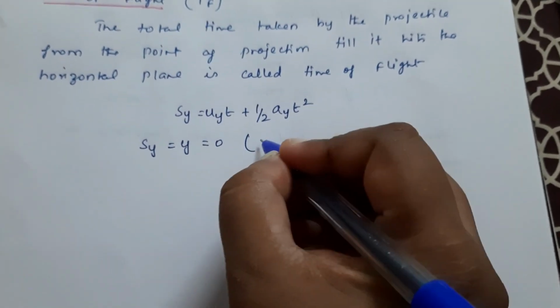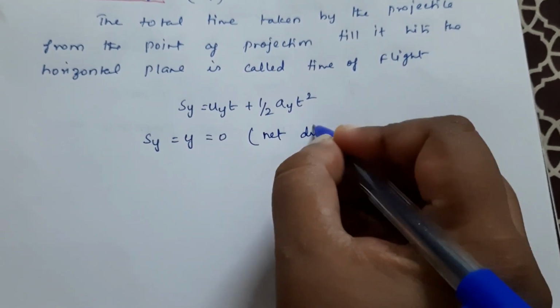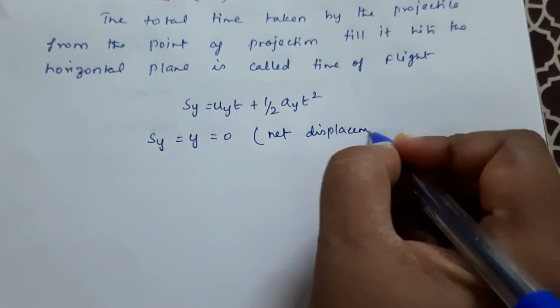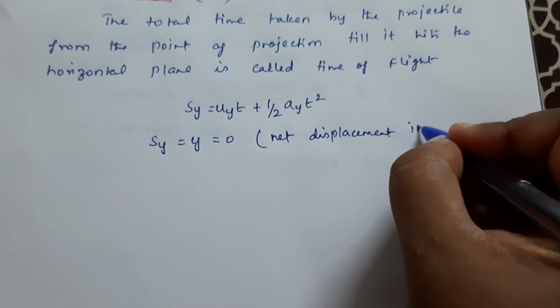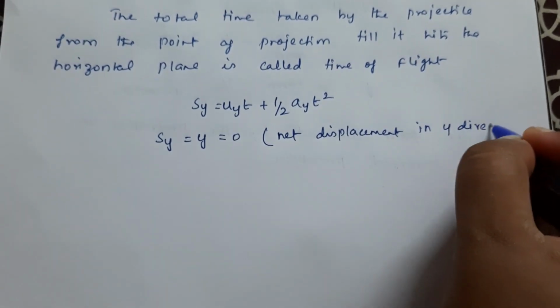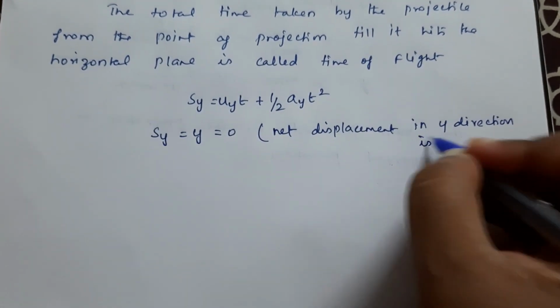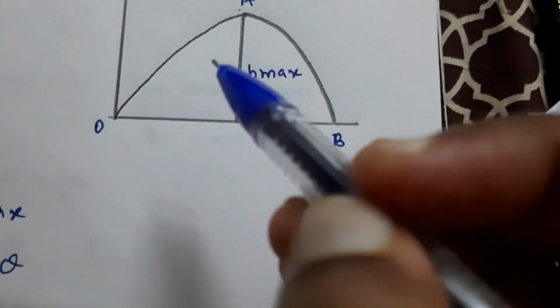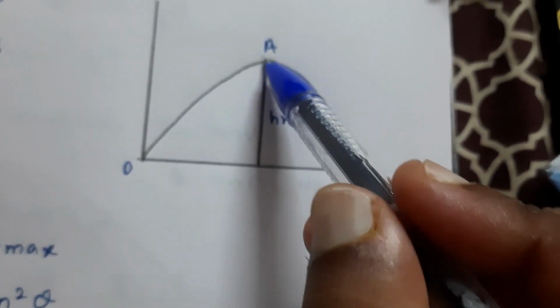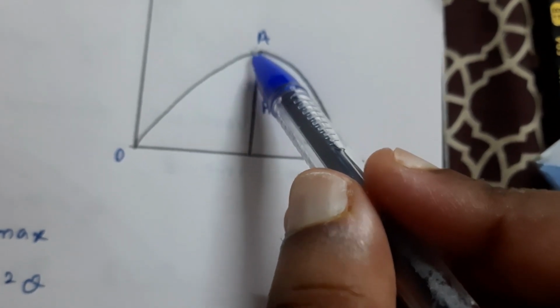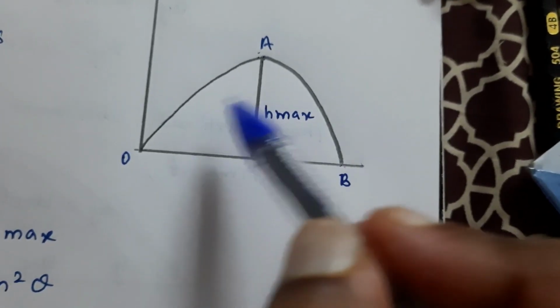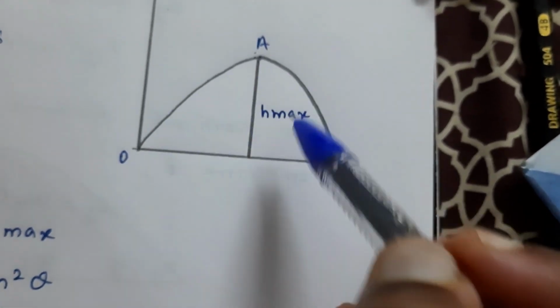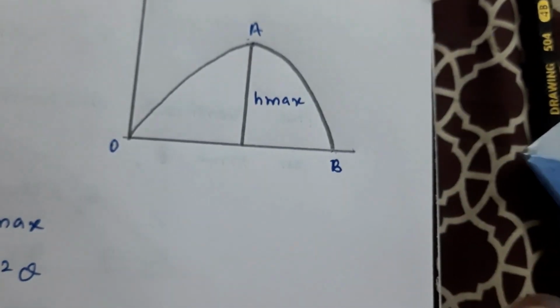That is, the net displacement in the y direction is 0. From here to here it is positive, and here to here it is negative, so it will become 0. So the net displacement will be 0. So y is equal to 0.